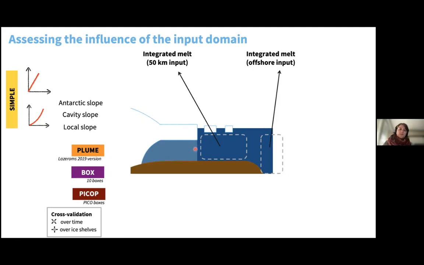In one case, we averaged the temperature and salinity over the continental shelf within 50 kilometers of the ice shelf front. And in the other case, we took temperature and salinity off the continental shelf, but also within some distance of the ice shelf front, just to mimic what a very coarse ocean model could give as input that doesn't even resolve the continental shelf.